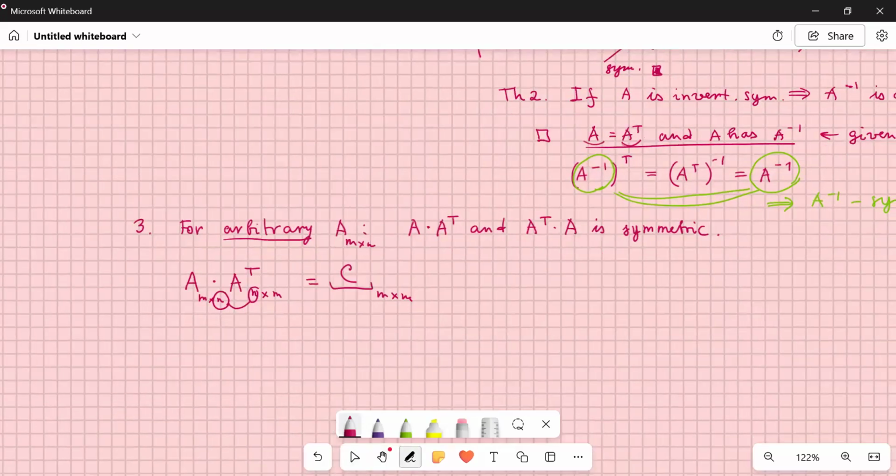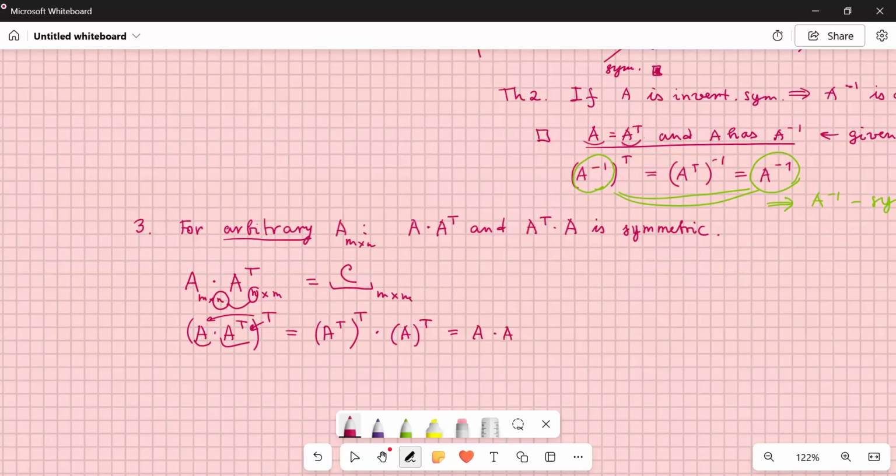Now, I'm going to take this product, A by A transpose, and take the transpose of it. Just check, is it going to be equal to the matrix itself or not? Remember what transpose is doing. Transpose is distributing to the matrices and switching their positions. So the first one comes last, and here is going to be A transpose. Transpose applied to this one. Now, transposing two times eliminates any transposing, correct?